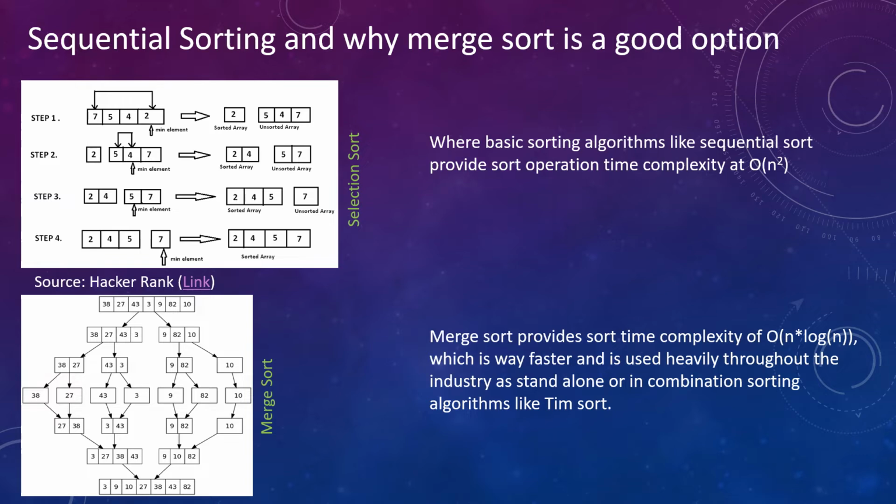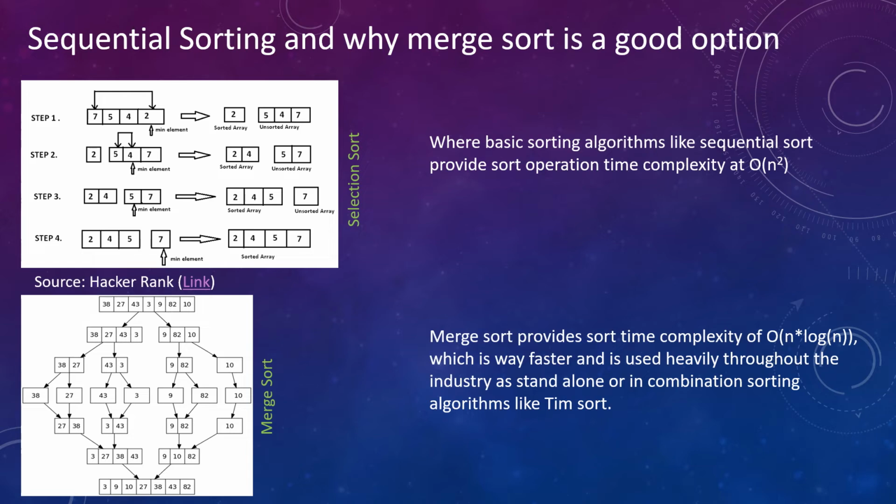So as I was saying, an example of sequential sort is selection sort. In selection sort, the time complexity for sorting an array of unsorted elements is big O of n squared, whereas the time complexity of merge sort is big O of n log n.